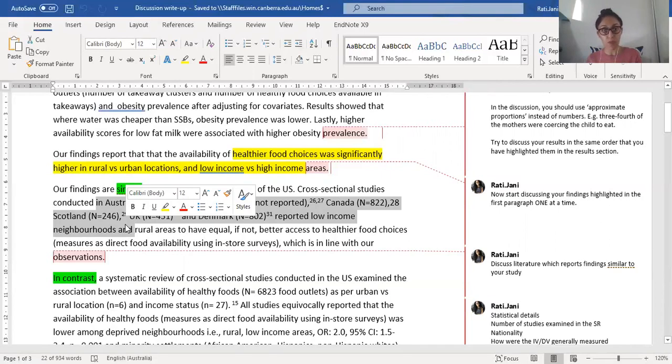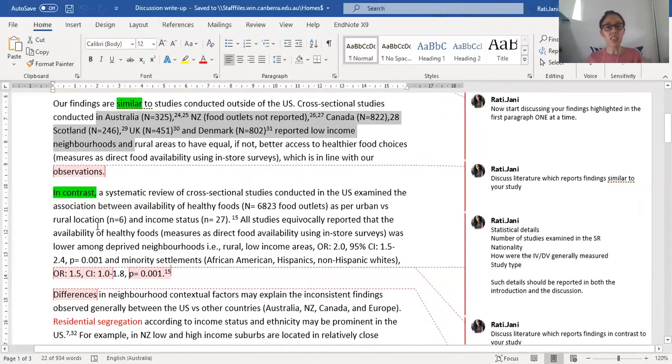Then you discuss contrasting findings, meaning studies which have conducted nutrition education sessions, but their findings did not find anything significant, whereas you found significant results at the end of your intervention. Okay, so again, you summarize the key things from those papers. As I said, over here, I have given you an example where I have used individual cross-sectional studies, and I have summarized this in one crisp statement.